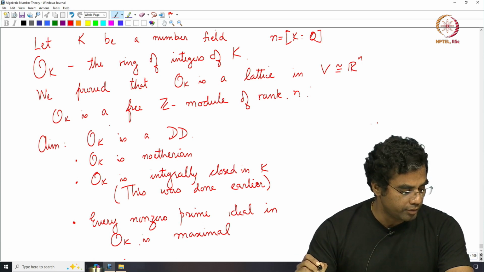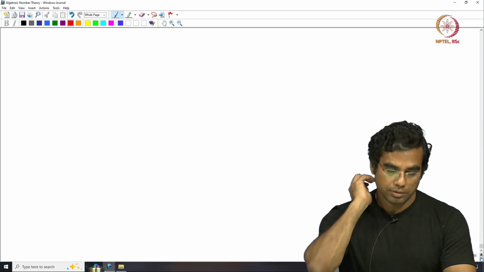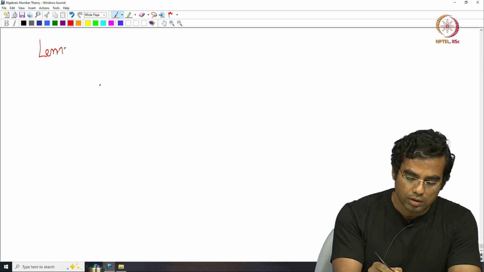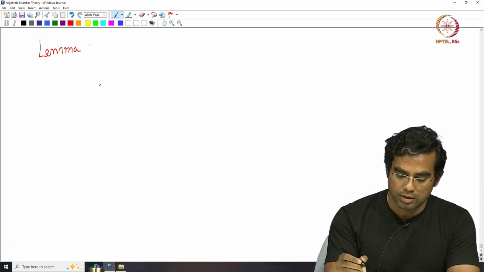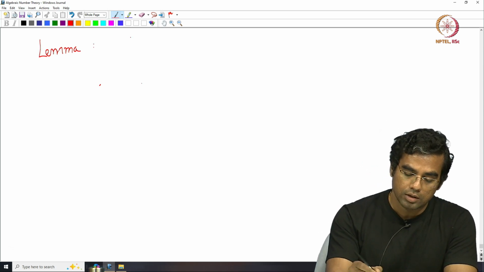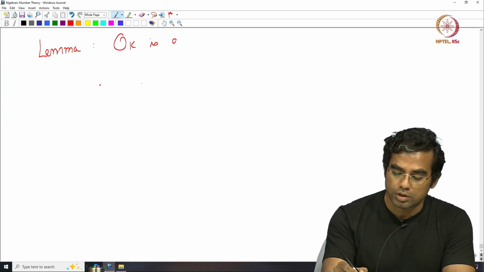So, we need to prove that OK is Noetherian. So, let me write that down as a lemma. So, the notation is fixed until we finish the proof that OK is a Dedekind domain. So, the lemma simply says that OK is a Noetherian ring.